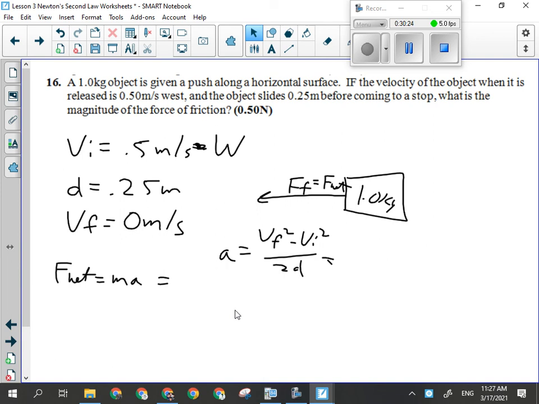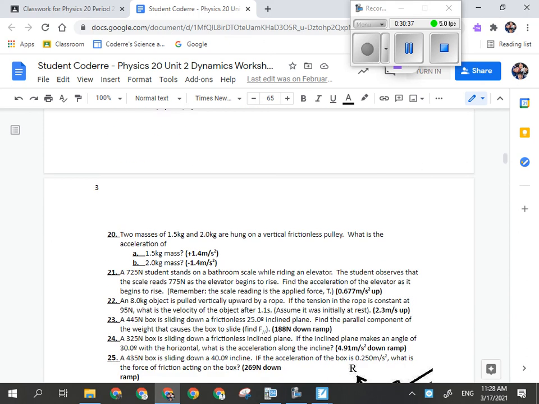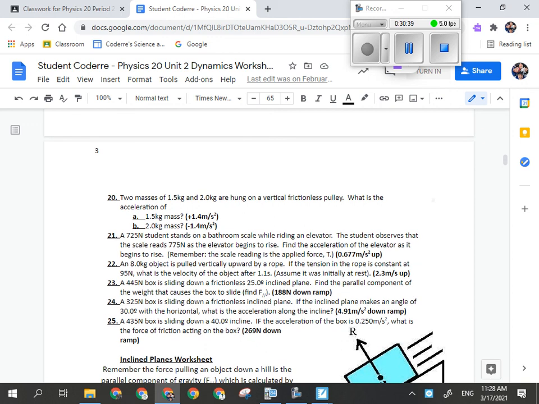Any other ones? How many people are done all the way to 20? Number 21 is an elevator question. So is number 22. So if you're done up to number 20, give 21 and 22 a try.